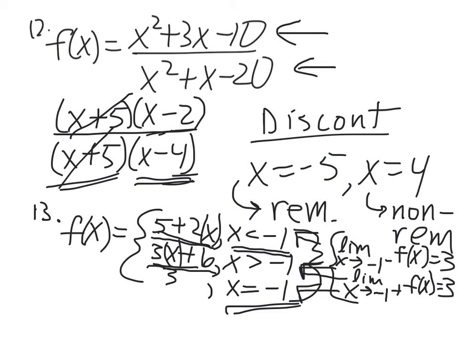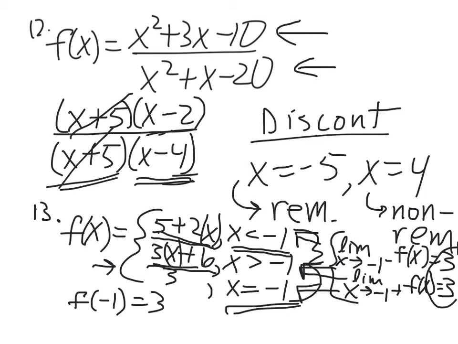And then this last part says f of -1 equals 3. Well, that happens to be the same value as the limit, so it is continuous at -1 as well as everywhere else. So this function is actually continuous for all real numbers.